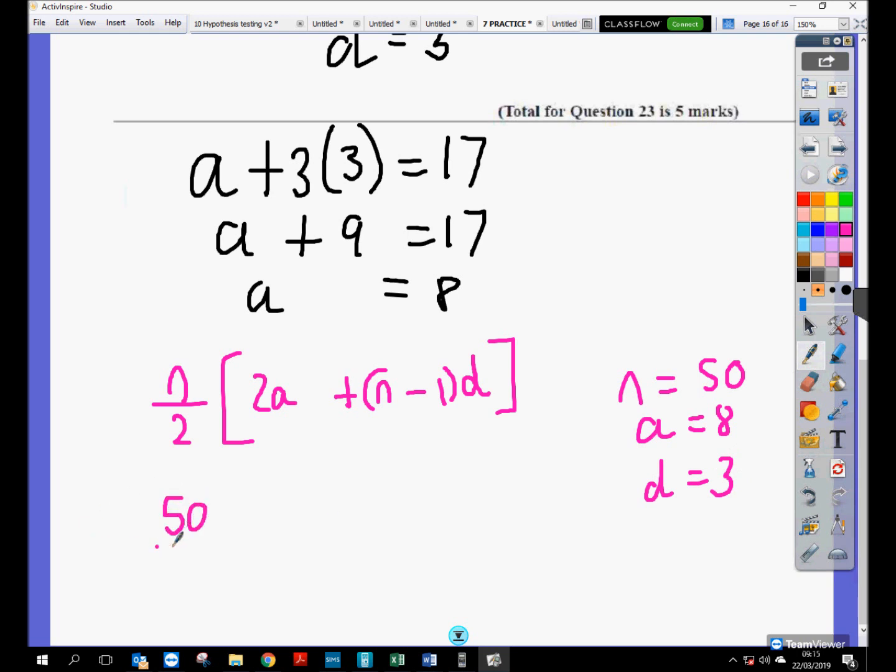So we substitute 50 over 2, square brackets, 2 times 8, plus, now let's concentrate on this bit, n minus 1. n is 50, and 50 minus 1 is 49. So it's 49 times d, which is 3.